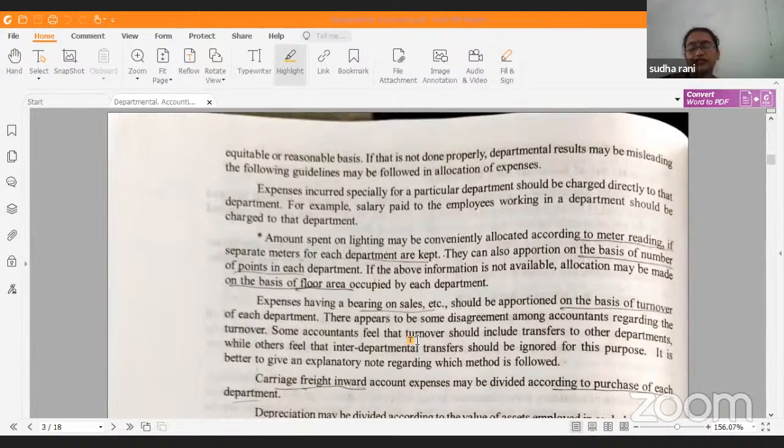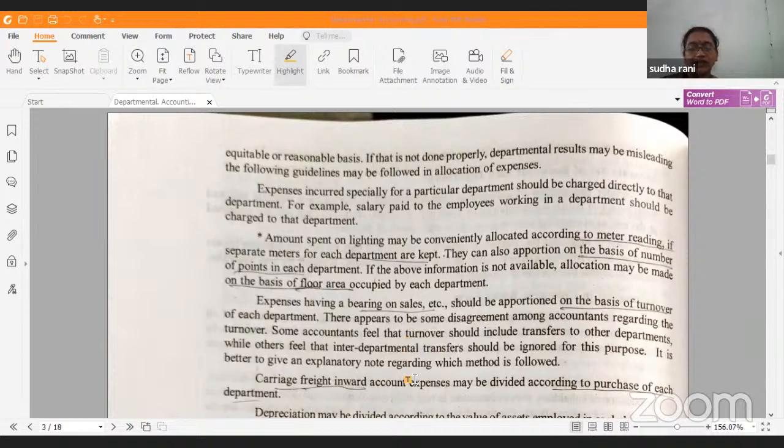So there are certain expenses which are allocated on the basis of sales, on the basis of purchases, on the basis of floor area occupied, like rent. Say for example, for the entire building he may be paying some crores of rent. Then how does he allocate the rent to each department? Again, depending on the floor area occupied by each department, the rent is divided.